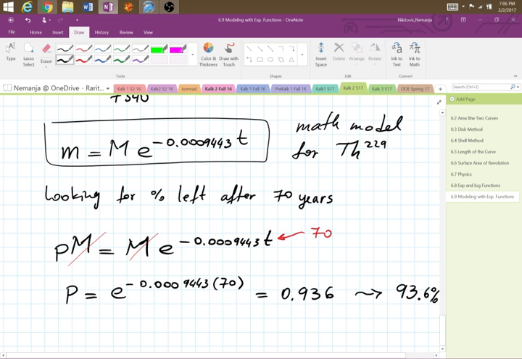Let's see. ln of 0.5 divided by 7340. Huh, it is. All right, put in one more zero.